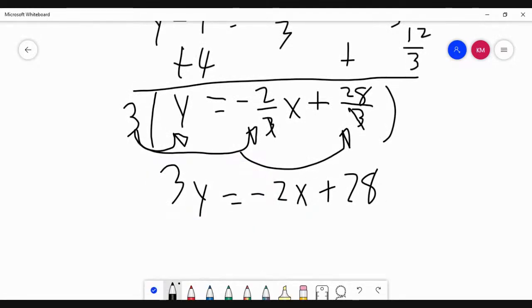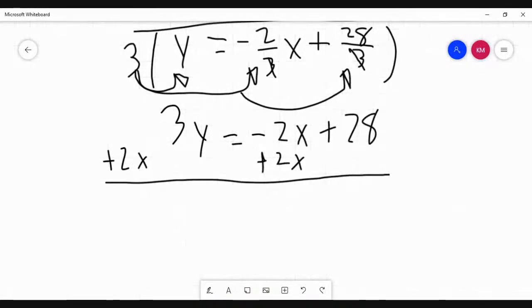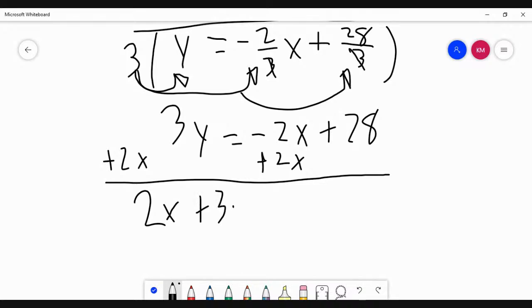So plus 2x on both sides, and my answer is 2x plus 3y, and that equals 28. And that is how I get my standard form.